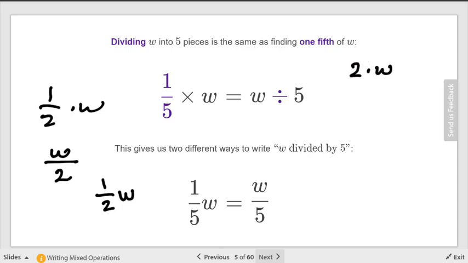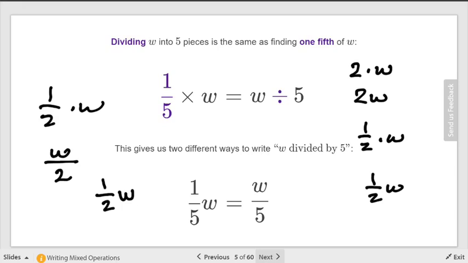What would you write if you had 2 times W? 2W. Well, by that same logic, 1/2 times W is 1/2 W. You can just put them together. But since it is a fraction, multiplying by a fraction is the same as doing division, isn't it?